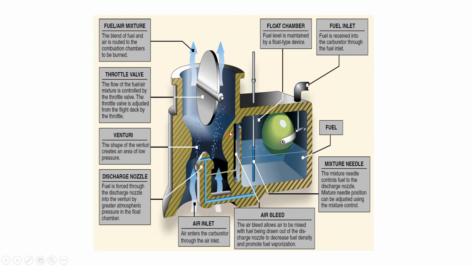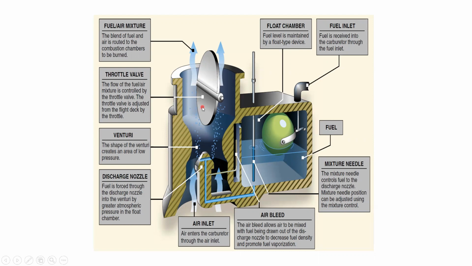This narrow section is known as the venturi. The reason for the section being narrow is that the speed of the airflow is higher at this area. Once the airflow speed increases, the pressure automatically drops. That allows the fuel from the float chamber to be delivered up to here.